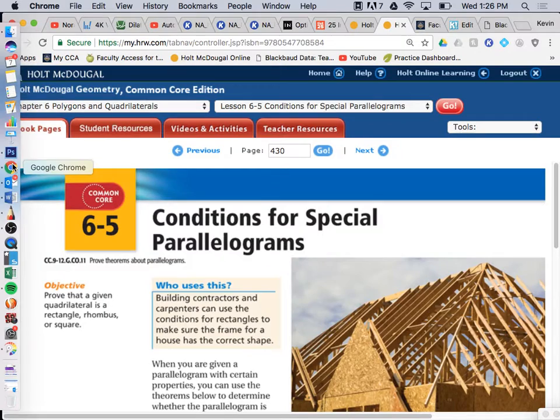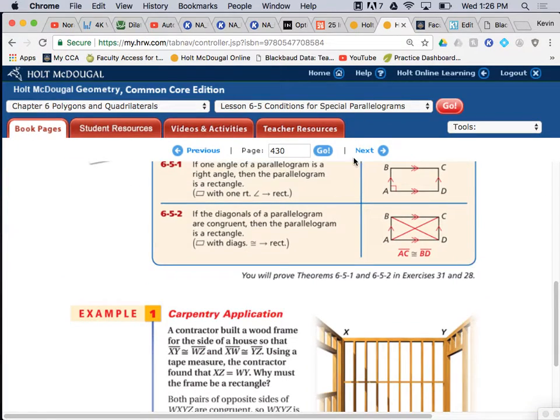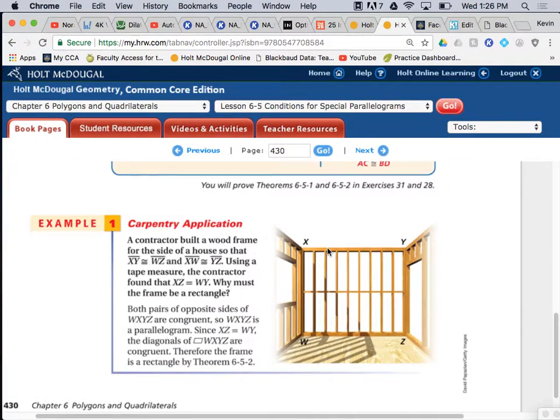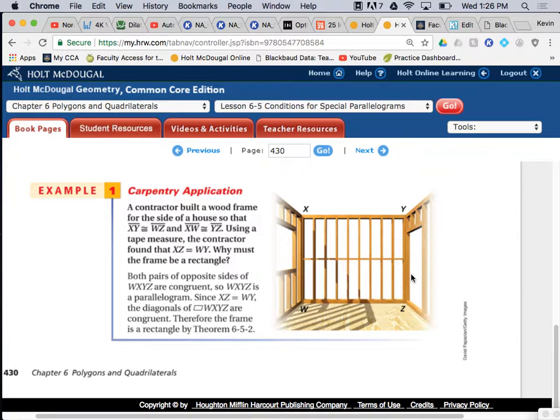Now, let's take a look at this example. You guys don't have this example on your sheet. If you can't read it, then come a little closer. Go ahead and read that over, just the bold text, not all the text.